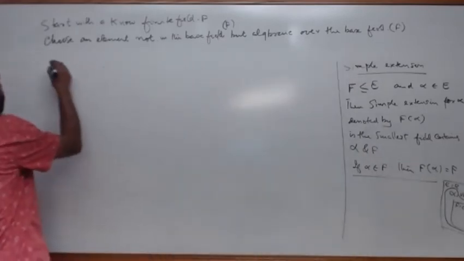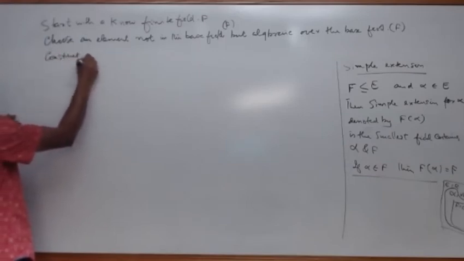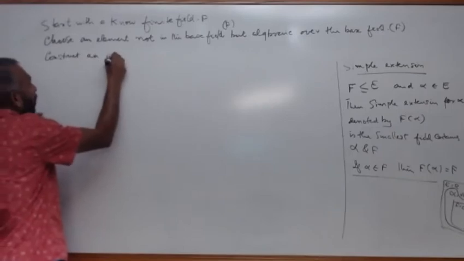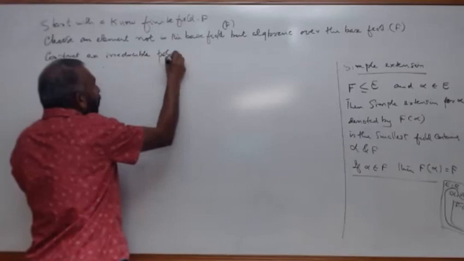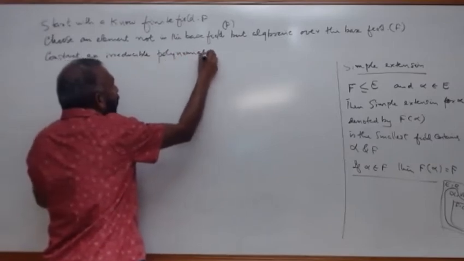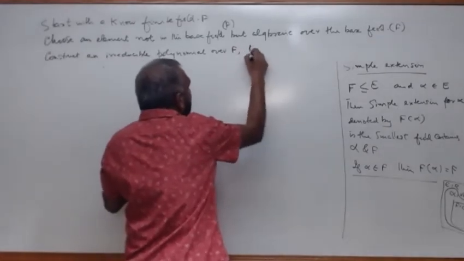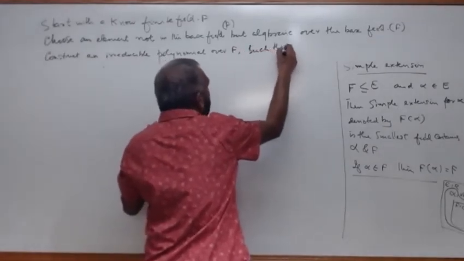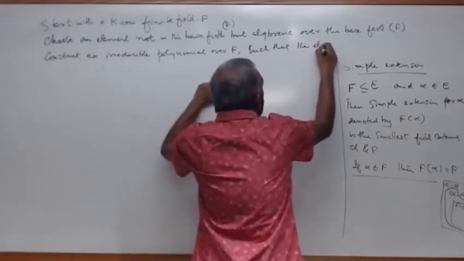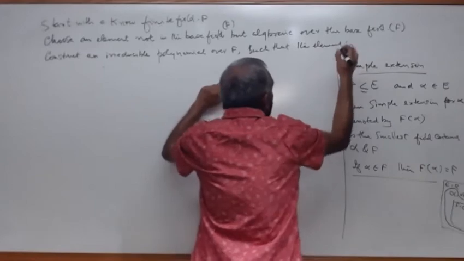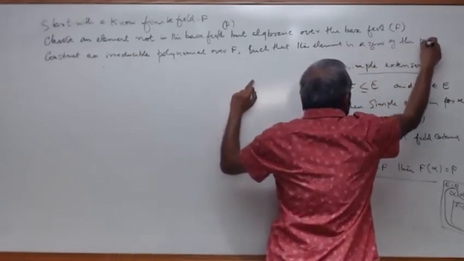Okay, so construct an irreducible polynomial over F such that the element is a 0 of the polynomial.